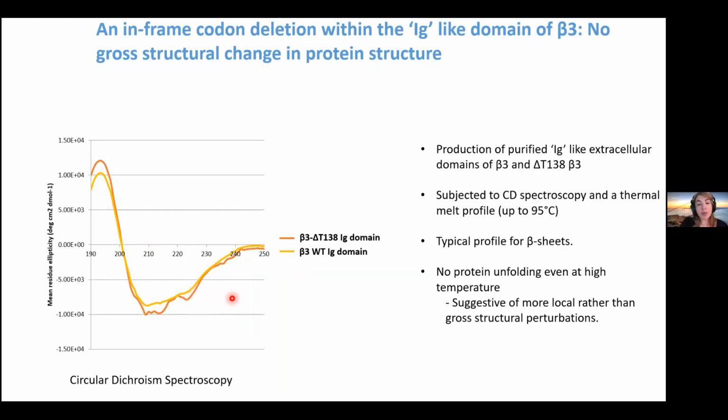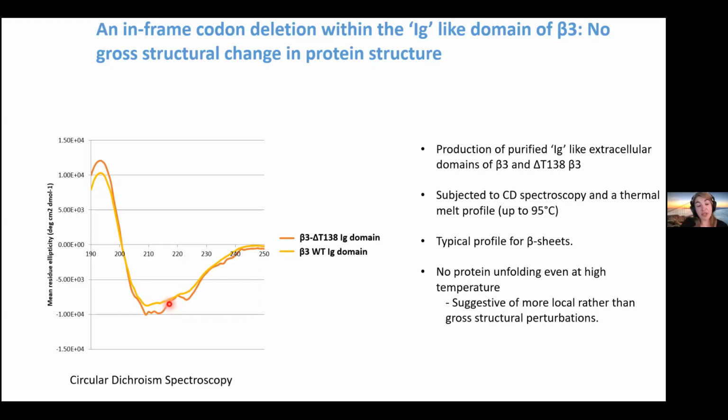So something we wondered was whether there would be any temperature disturbances to this, because what was quite interesting is that the individual in question had actually previously presented with a Brugada type ECG when they'd been in the febrile state. So we wondered whether increasing temperature might cause some destabilization. So to do that, we carried out a thermal melt profile where temperature was increased by 2 degrees at a time, and the wavelength was monitored at 217 nanometers in the middle of what is typical for a beta sheet.